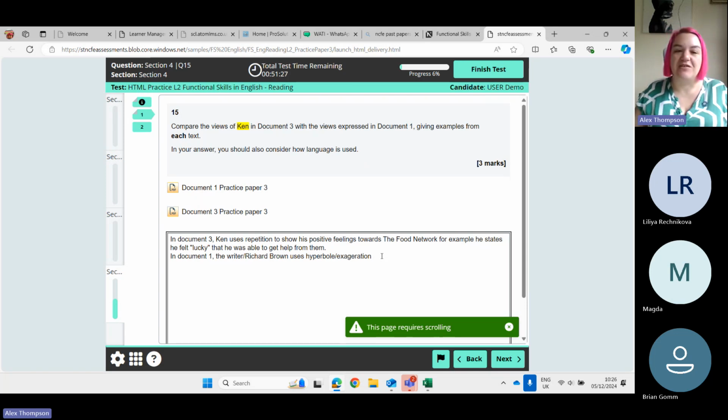So in document 1, the writer, Richard Brown, uses hyperbole or exaggeration and he uses it to emphasize the scale of the problem of food waste and how he feels about it, which in this case is quite negatively.